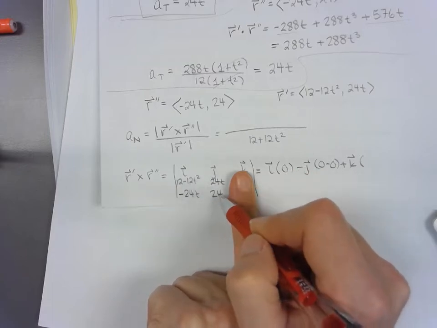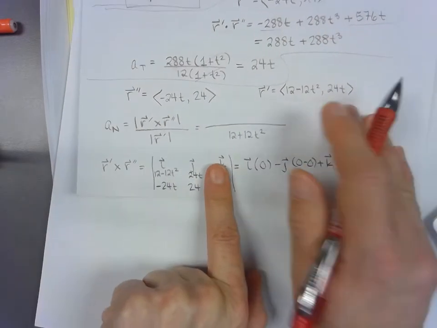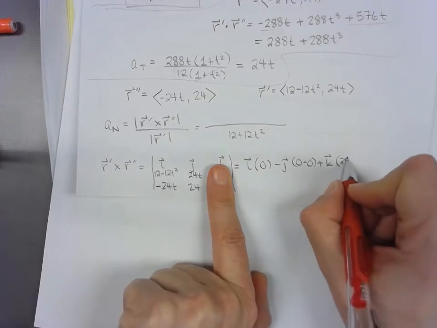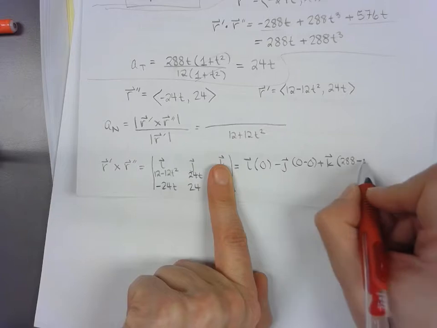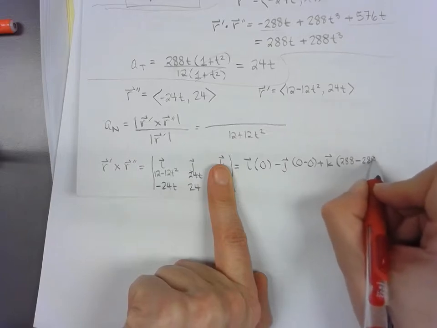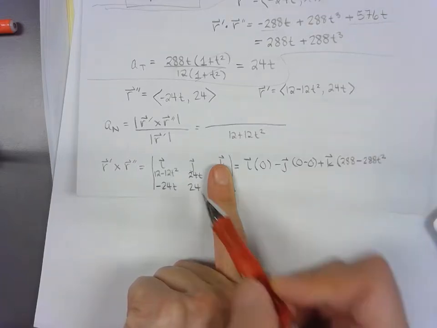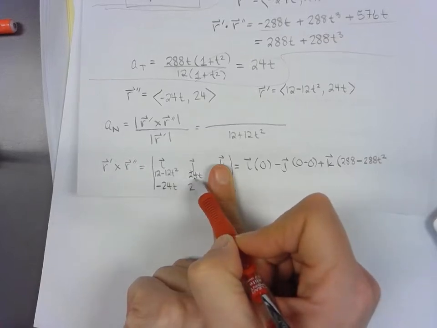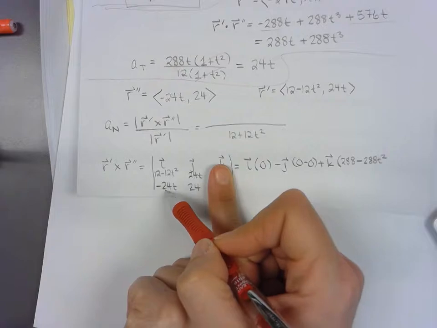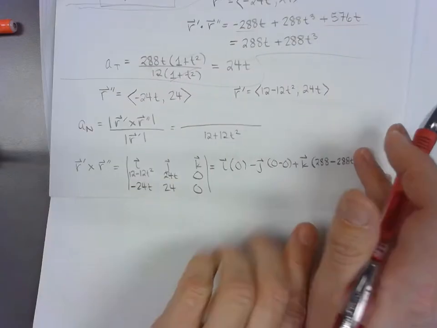So 24 times 12 we know is 288 minus 288t squared, minus negative, so that's going to be plus 576t squared.